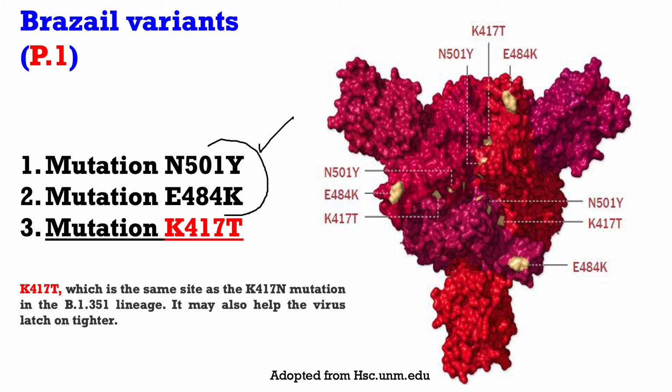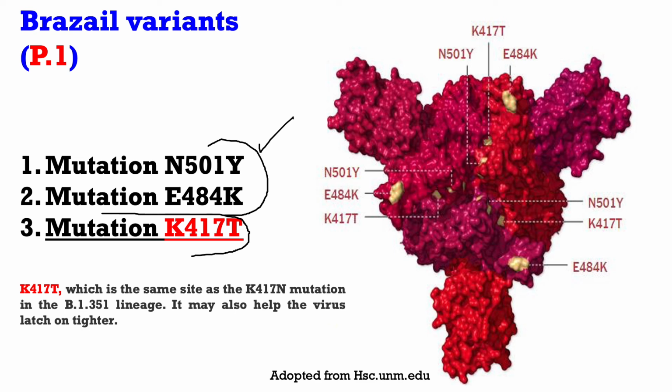However, the Brazilian variant of coronavirus COVID-19 has an extra unique mutation which you cannot find in the South African variant, which we call mutation K417T.